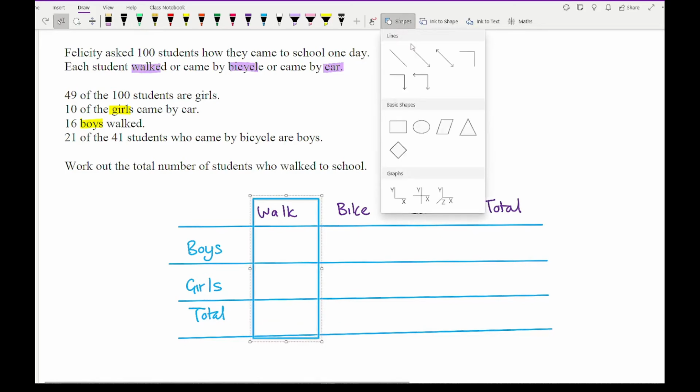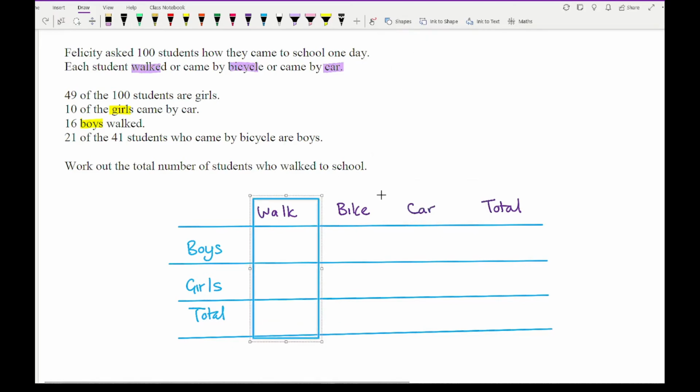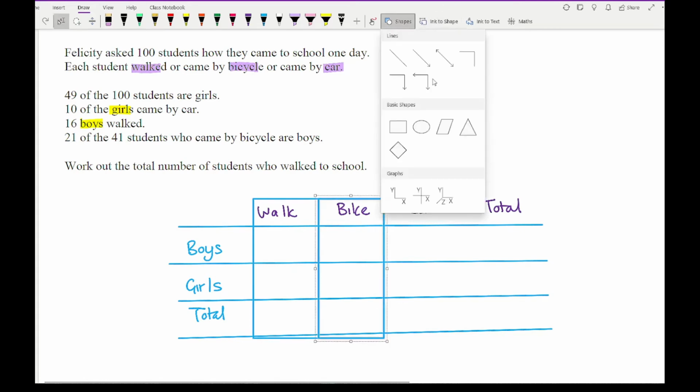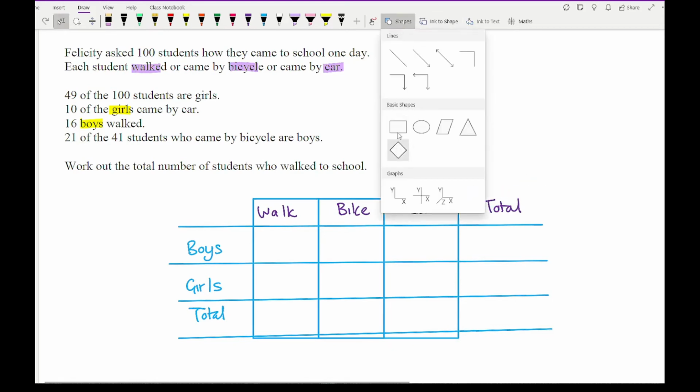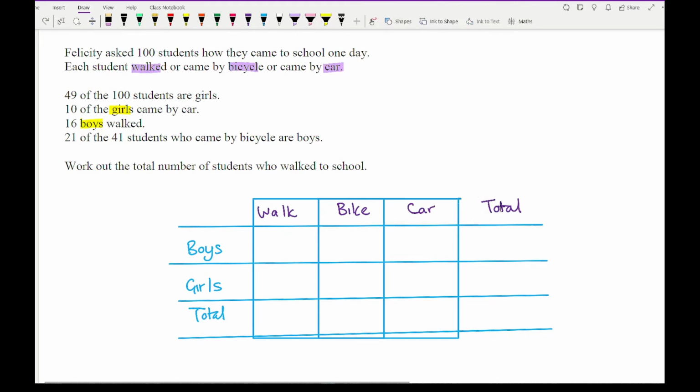Probably should have done this at the onset. Again, we're not going to lose any marks for neatness. Maybe for that one though.